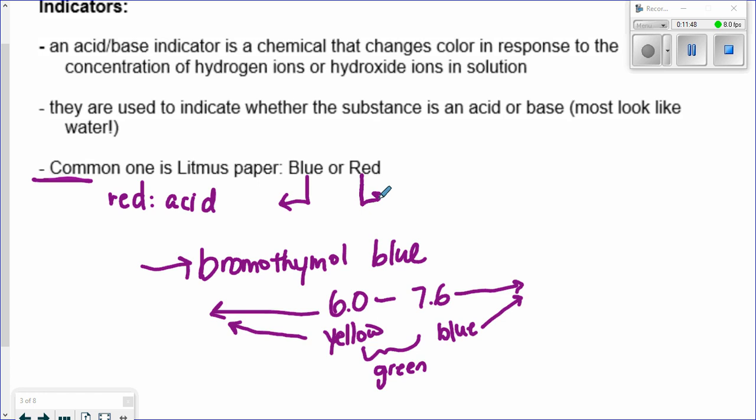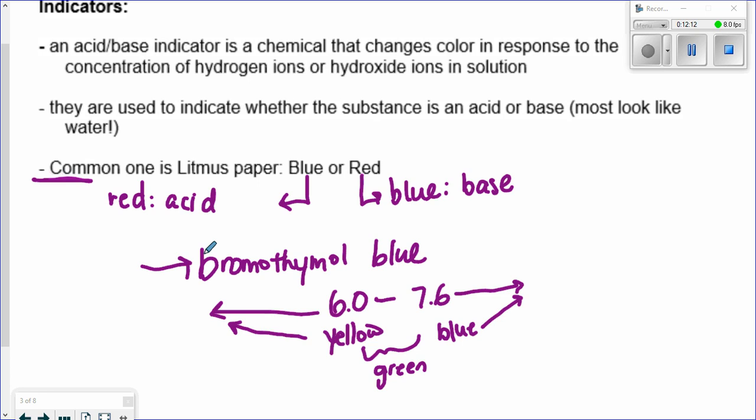If we take red litmus and dip it in something and it turns blue, it is going to be a base. If we have blue litmus and we dip it in something and it stays blue, we have either a base or something that's neutral. Sorry, I'm mixing myself up here.